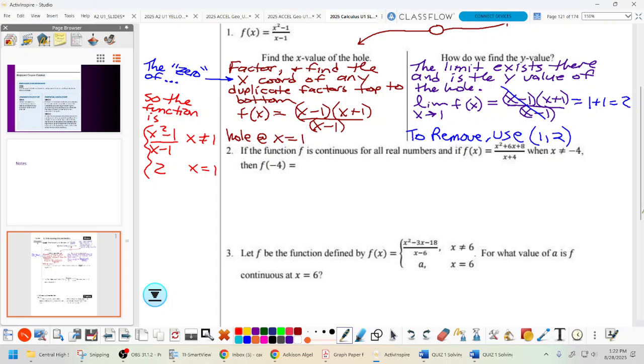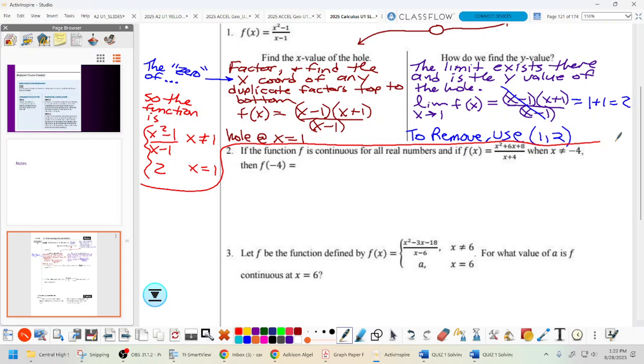Alright, next one. If the function is continuous for all real numbers, and if f of x is defined there when x is not equal to -4, so thinking something like this, right? Then f of -4 is, meaning when x equals -4, what are we going to put right there?